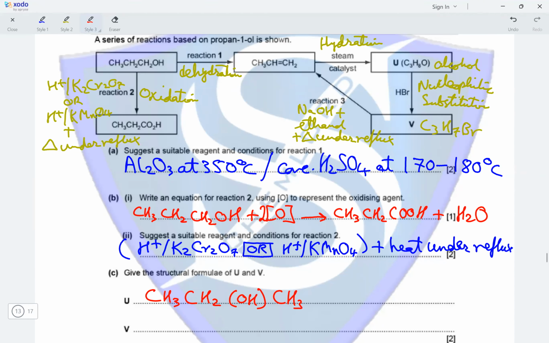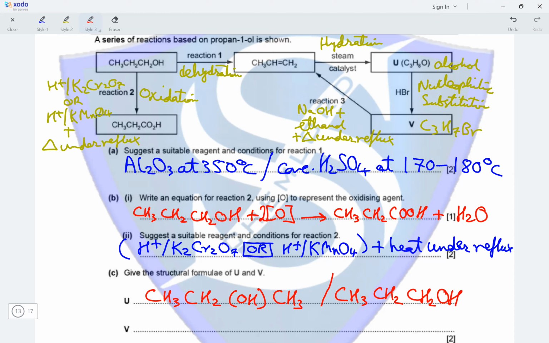This would be a secondary alcohol because we can have formation of a secondary alcohol or a primary alcohol. But the secondary alcohol would be formed in a greater quantity than the primary alcohol. But just to show that another possible product is also there, it could be CH3CH2CH2OH. This is the primary alcohol that can form.